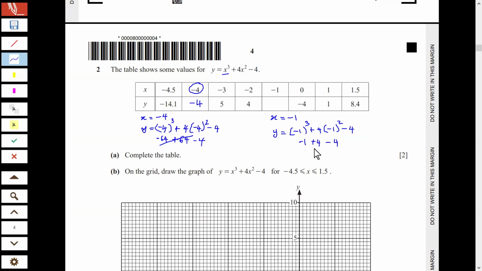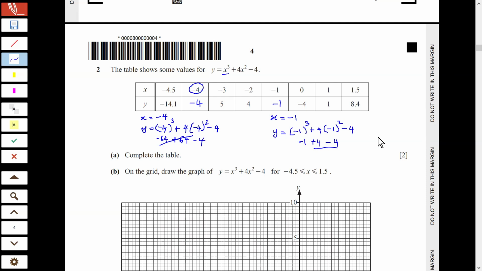Of course, -4 and +4 is 0. So we're left with just -1 as the corresponding value for -1. Now we've completed the table.